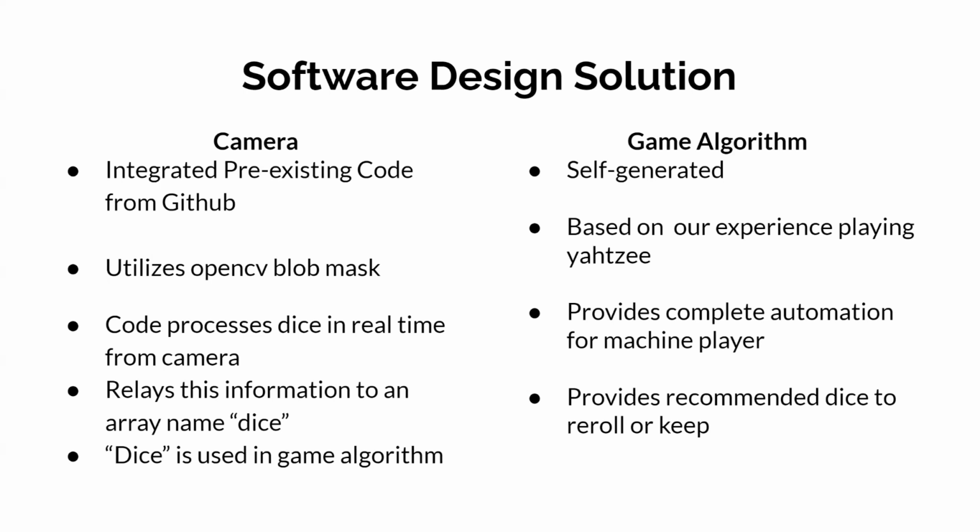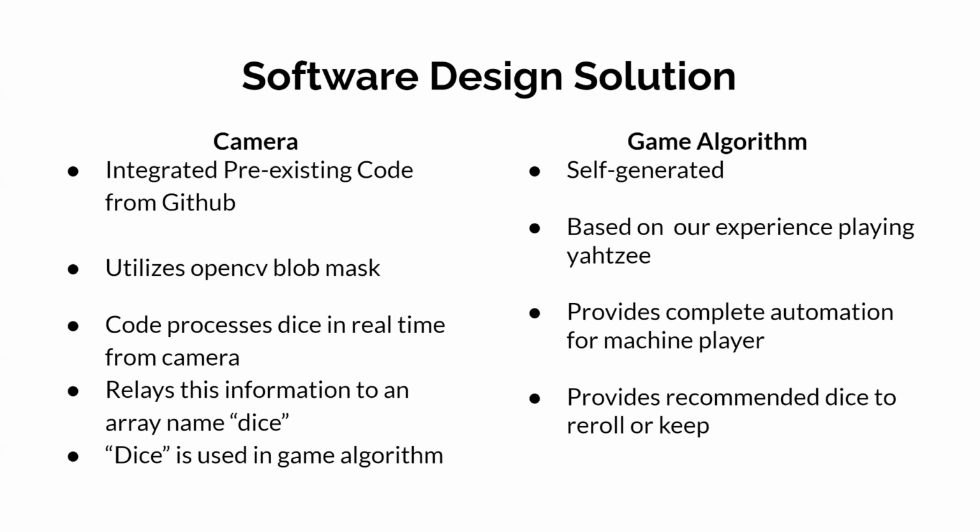But the actual software code that is a little more intensive is the camera and the game algorithm. So for the camera, we found some pre-existing code from GitHub that captured the dice numbers in real time. And the main way it did this was through a tool in OpenCV. There are different masks that you can apply to images, and the one that worked the best for dice was the blob mask.